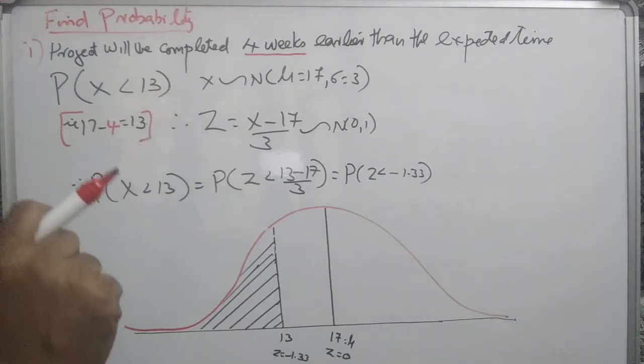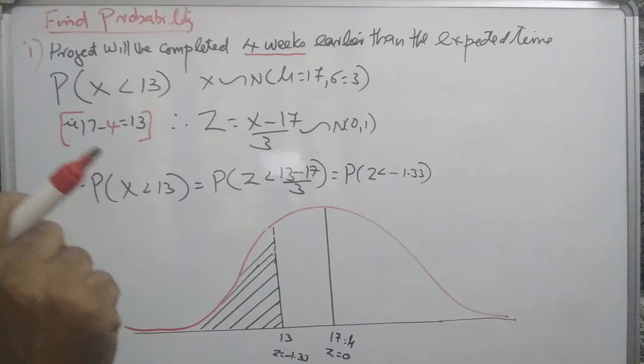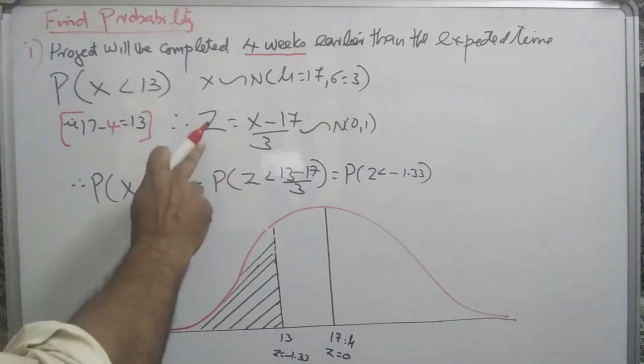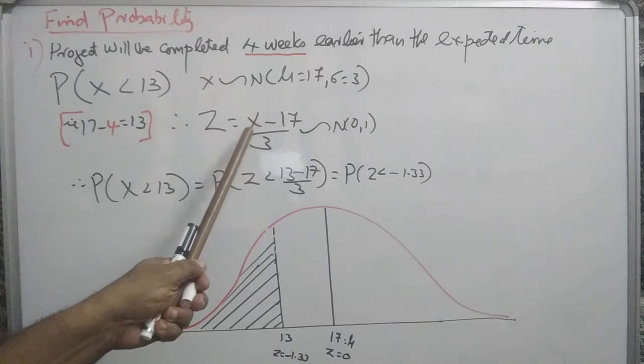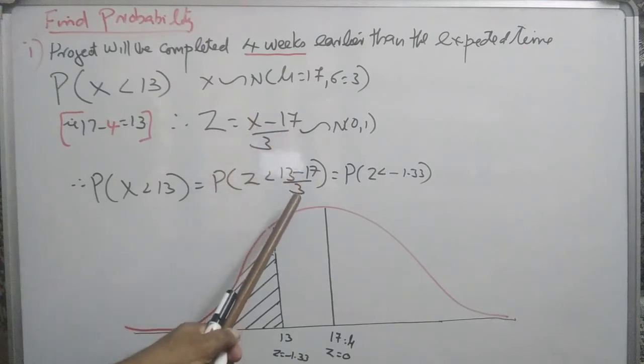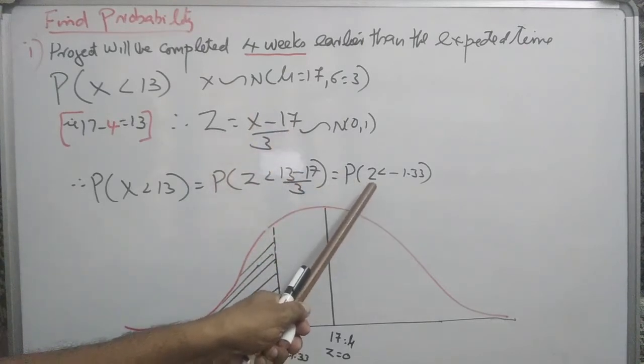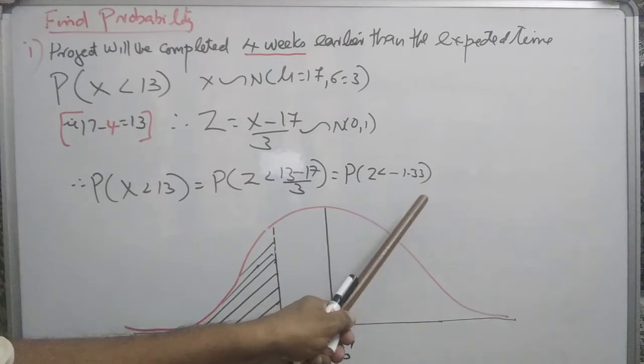And we use the property of standard normal distribution, where Z is (X minus 17) by 3, which follows standard normal. Therefore, the required probability is probability of X less than 13. That is, probability of Z less than (13 minus 17) by 3. That is, Z is less than minus 1.33.